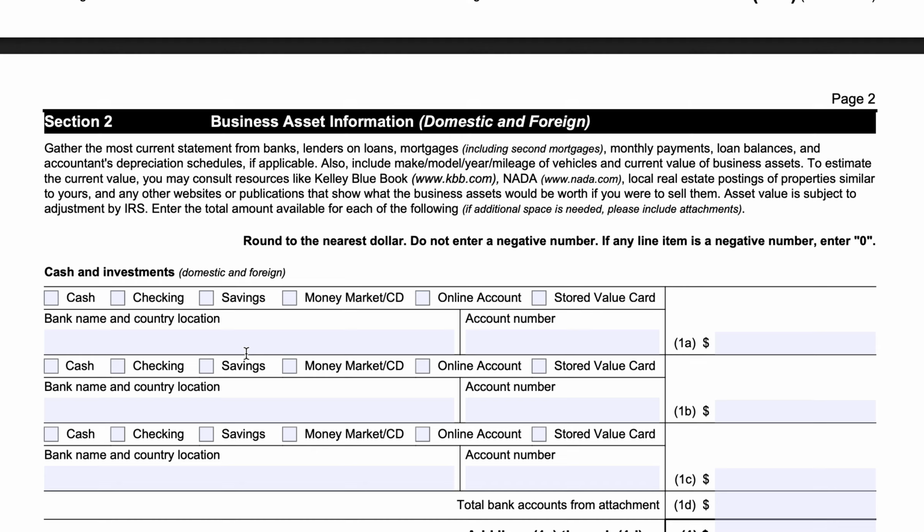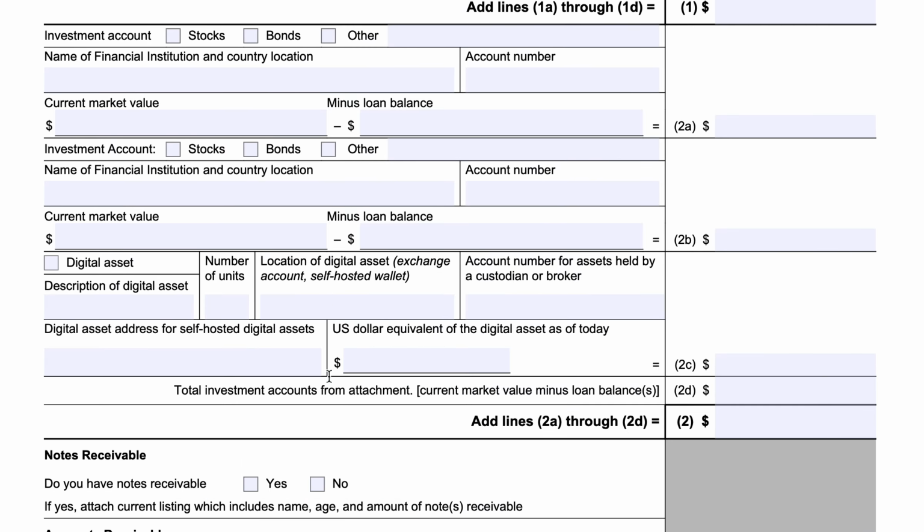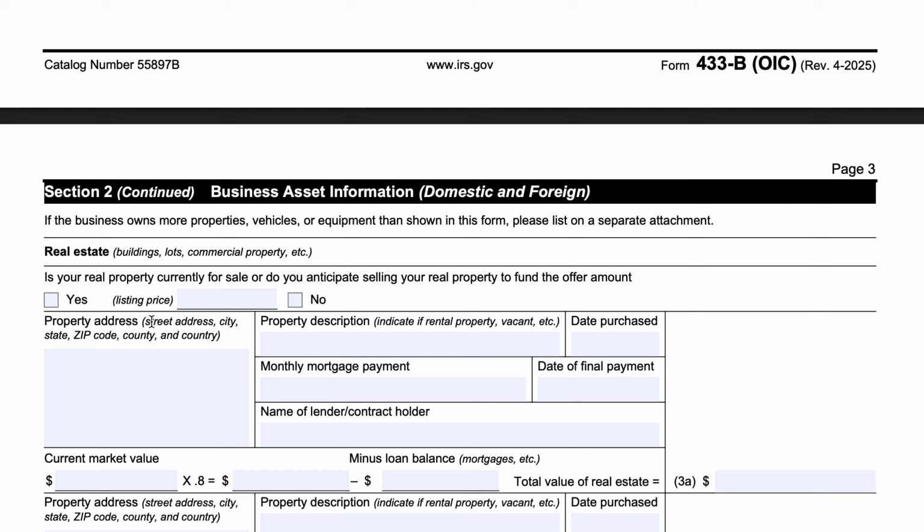But in your best interest, it would serve you to make sure that you don't misrepresent things by selling yourself short. So you can take, for example, when we get down to, say, business assets, real estate, there is a loan balance.